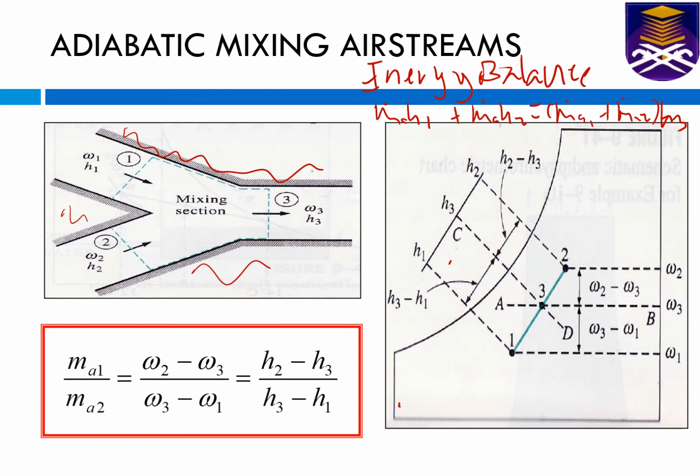So you rearrange and reorganize the equation. What you have is m dot A2 (h2 minus h3) equals m dot A1 (h3 minus h1). So you arrange the equation, then you will get this one.